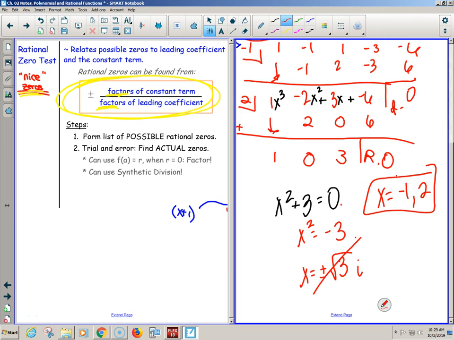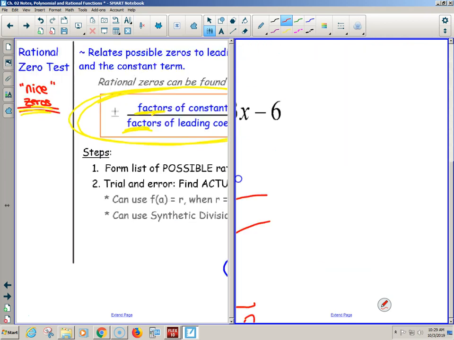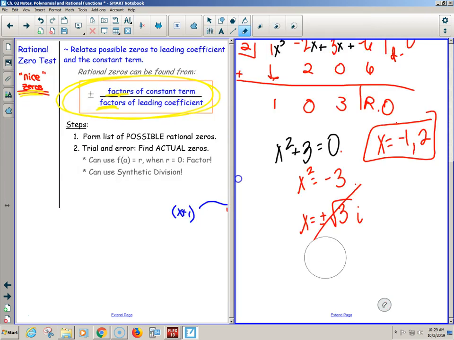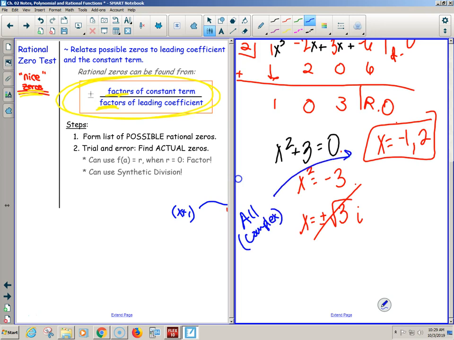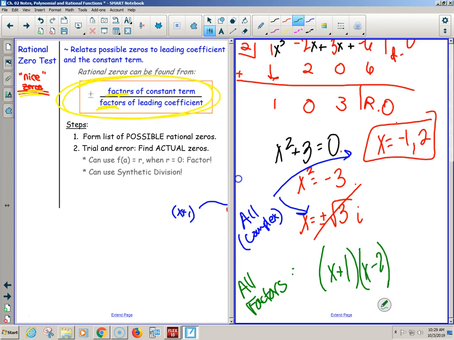And if they want all the factors, different question, but if they wanted all the zeros or all the complex zeros, we would have gotten those ones and these ones. If they asked for instead all the factors, we would have taken what we learned and said, okay, well, negative 1 comes from this guy, 2 comes from that guy, and then we had that guy.